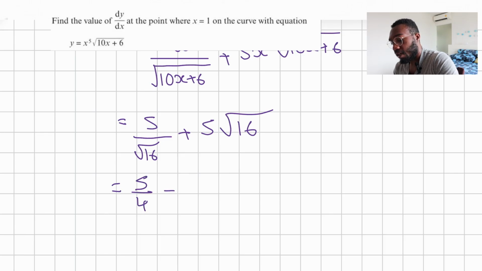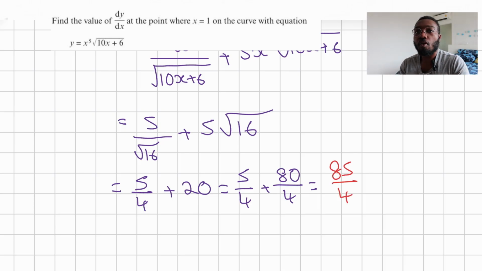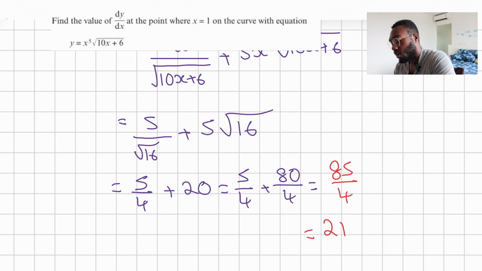And then 5 times the square root of 16 is just 5 times 4, so that would be 20. And then that's 5 over 4 plus 20, or rather, 5 over 4 plus 80 over 4. And if we work that out, that will give you 85 over 4.